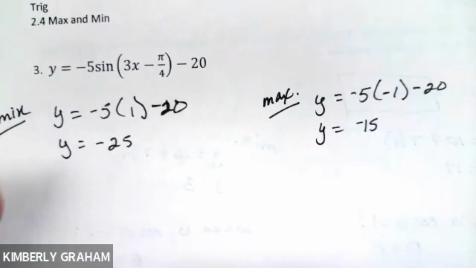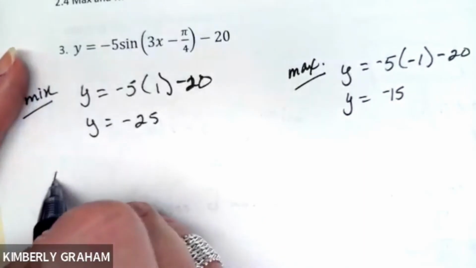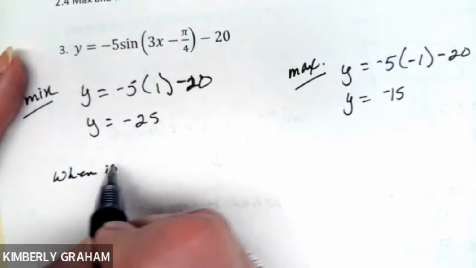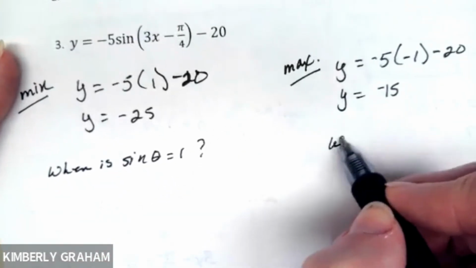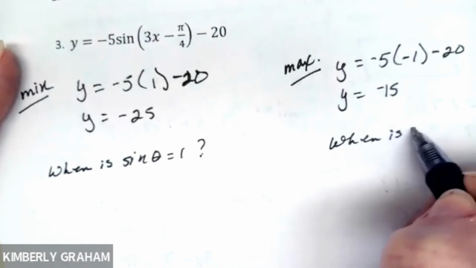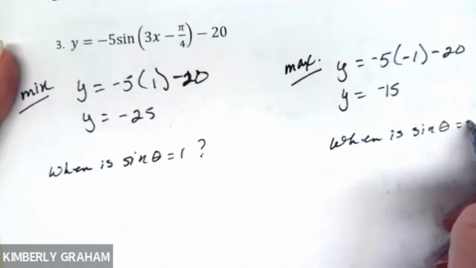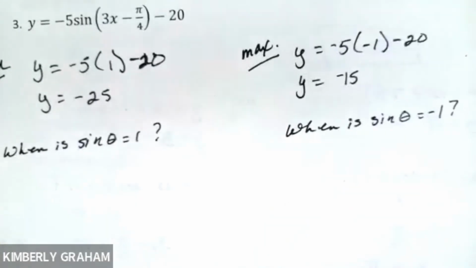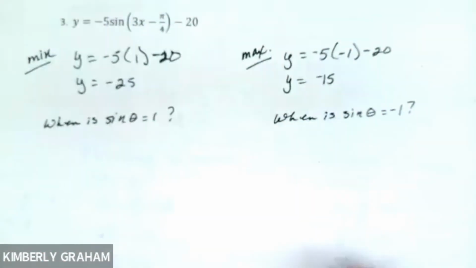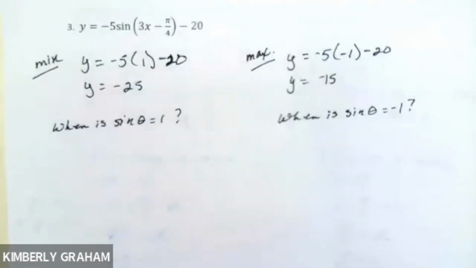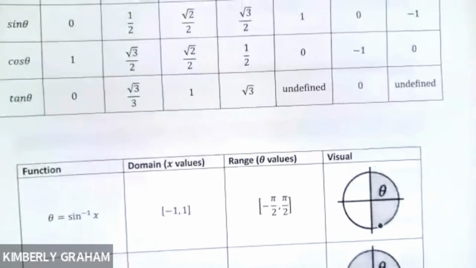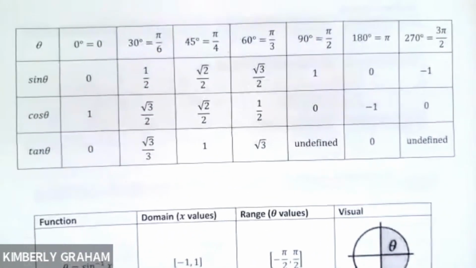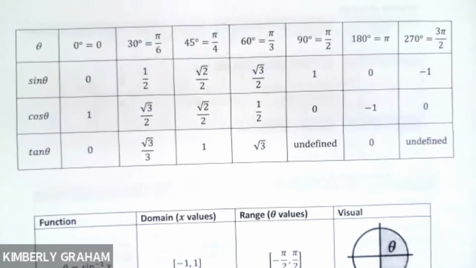So the question here is, when is sine theta equal to 1? And over here, when is sine theta equal to -1? So again, you can use your unit circle on that, or you can use your handout that has your table of values for your 30, 60, and 45, but then also the quadrantal angles as well.